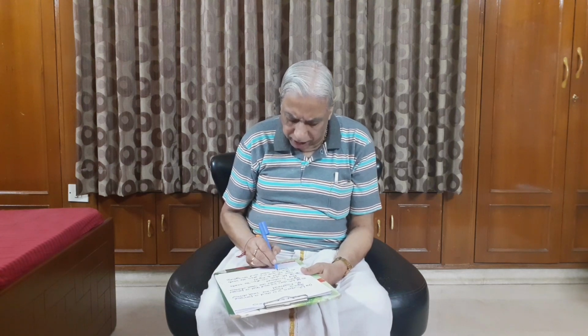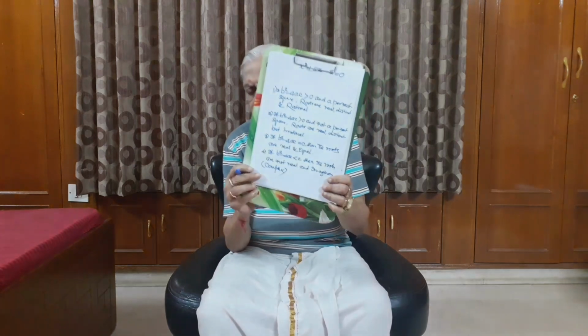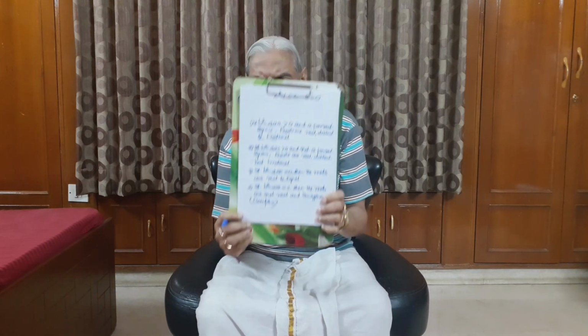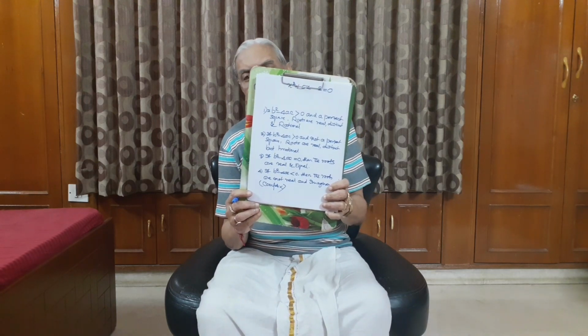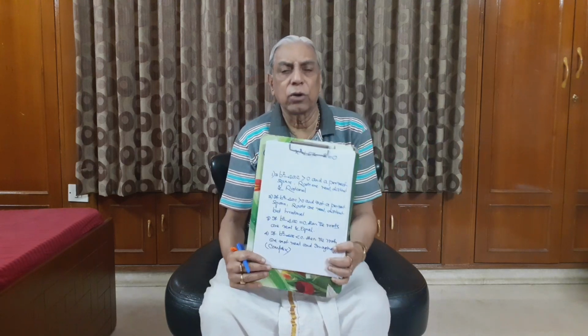Very important. Imaginary can also be called complex. If b square minus 4ac is less than 0, the roots are imaginary and they are not real roots. They are the four conclusions that you are going to draw.